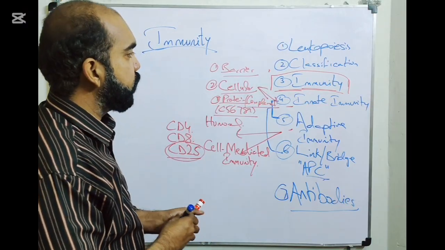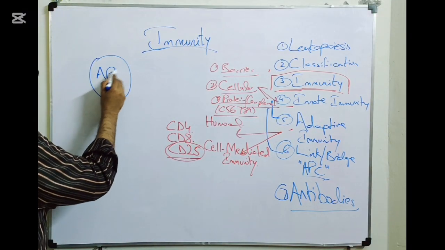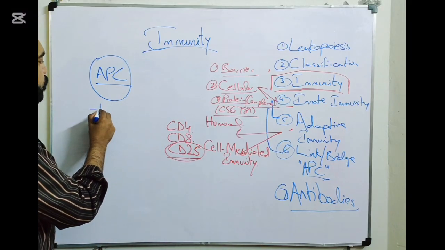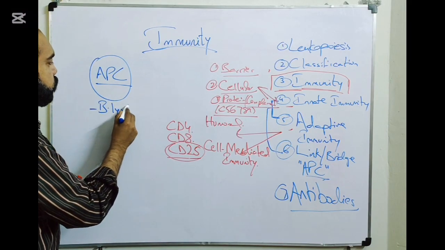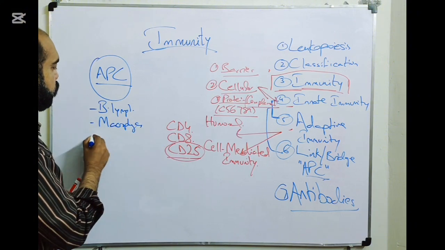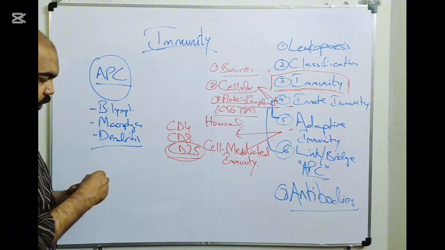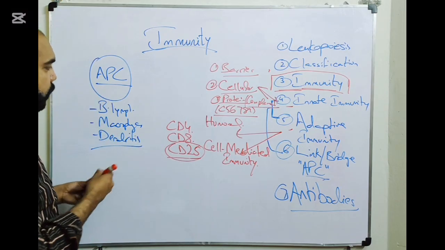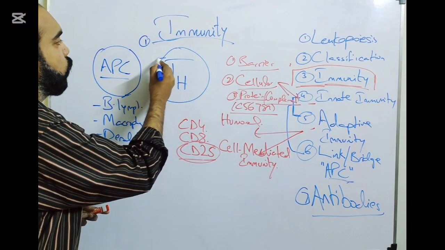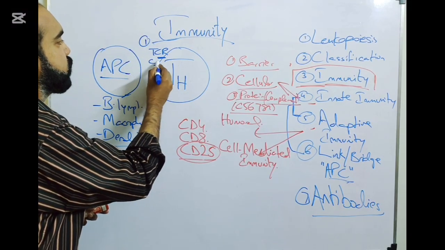So when it is degraded, the APC can be B lymphocytes, macrophages, or dendritic cells. So these are three kinds of APCs. They present to helper T lymphocytes, which have the T cell receptor and a marker known as CD4.